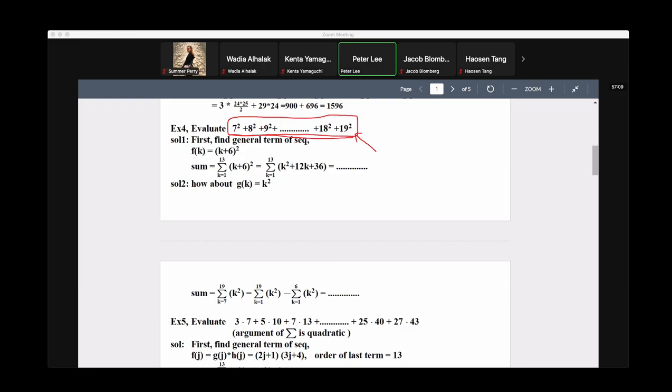And that's because in this case we only have 13 terms. So therefore, let me tell you this. On the examples, this is what you see. If I give you a problem like this on the test, then I'm not going to give you 7 squared to 19 squared. I will give you 7 squared to at least about 7,000 squared. Is that clear? So the examples you see in the notes are short, so you can literally add them up.